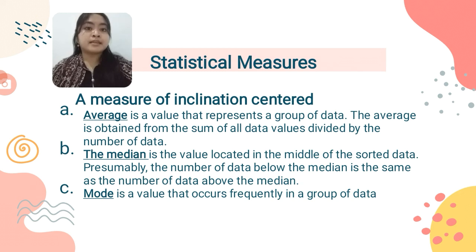B, the median. The median is the value located in the middle of the sorted data. The number of data below the median is the same as the number of data above it. And the last, C, mode. Mode is a value that occurs most frequently in a group of data.